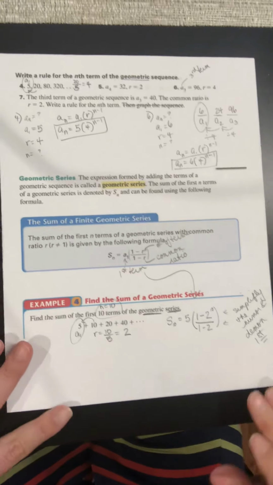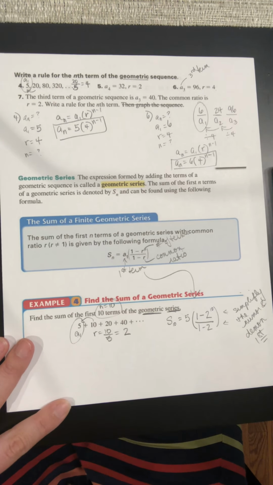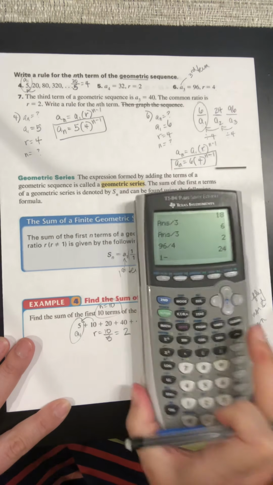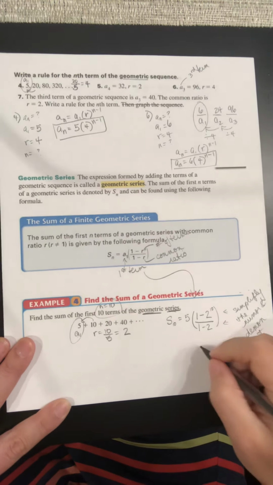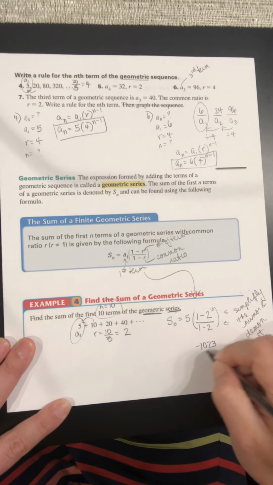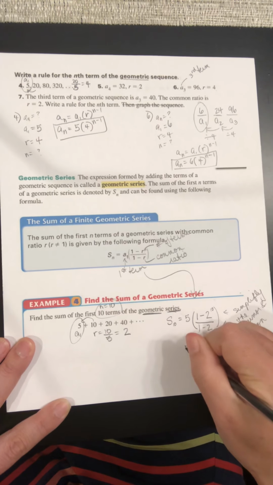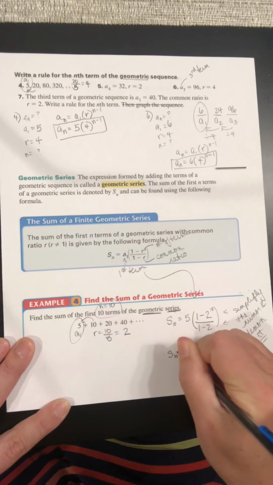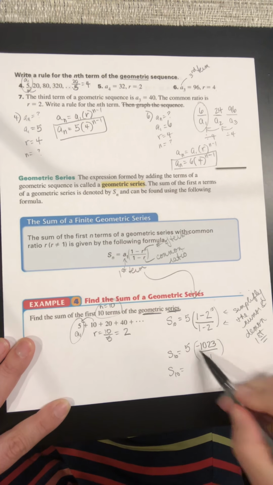So I'm just going to go ahead and literally put in my calculator what they give me. So 1 minus 2 to the 10th is negative 1,023, over 1 minus 2, which is negative 1. And then divide these two.